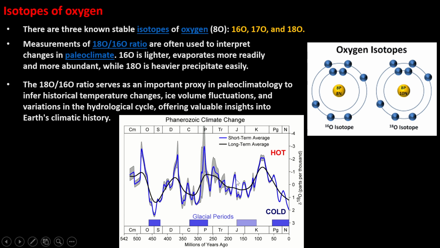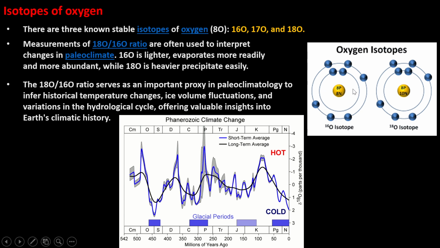This is a figure of the isotopic change in oxygen. O16 is mostly used, and O18 is also mostly used. O18 is the heavier isotope of oxygen, which contains 8 protons and 10 neutrons, and the O16 isotope contains 8 protons and 8 neutrons. One is the heavier isotope and the other the lighter isotope.